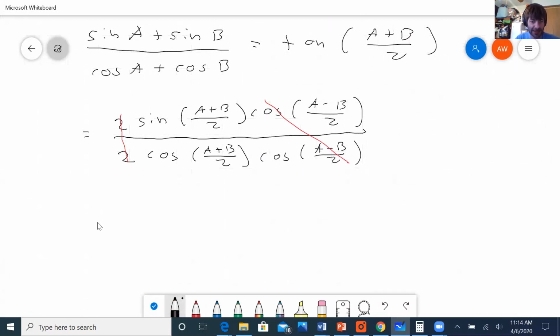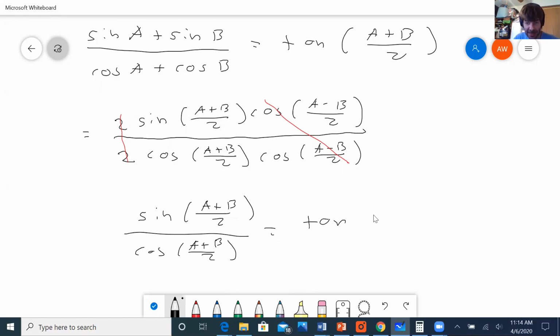I'm left with just sine (A plus B) over 2 over cosine (A plus B) over 2, which of course is tangent, which is the thing I wanted.